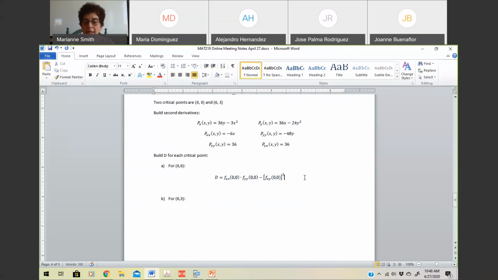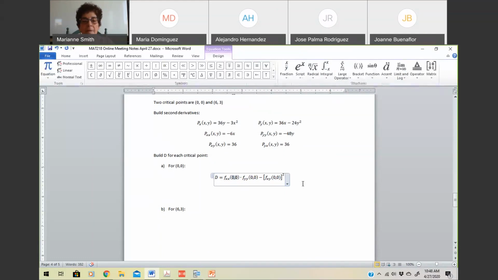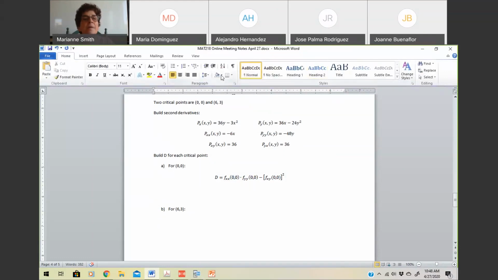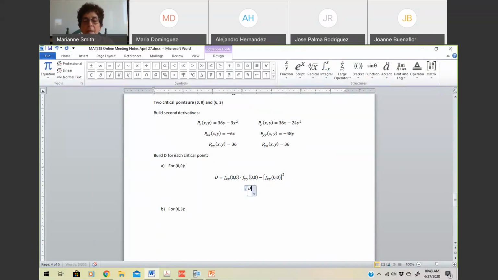Okay, and then I'm going to actually put in the values here. So insert. The first derivative here would be minus 6, and again, I can plug in the x value, that's 0.